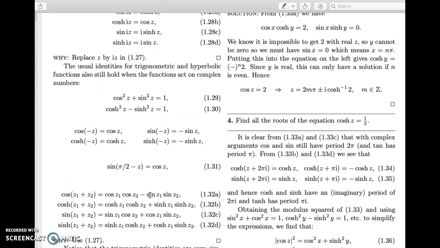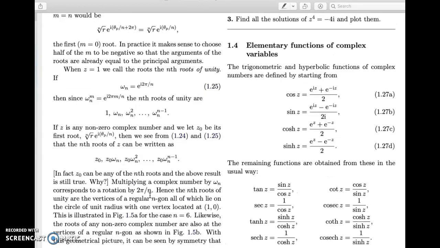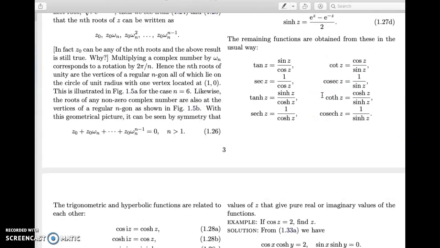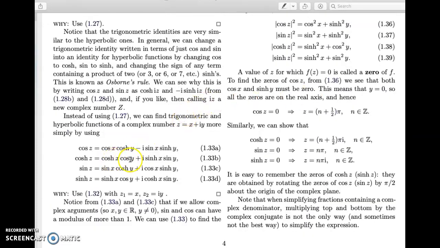Now 1.127 is not an amazingly convenient way of calculating things. For example, say you wanted to calculate cos of 1 plus i. You could use this formula and substitute it in, but it's actually a bit of work, and it's more efficient to use these formulae instead.